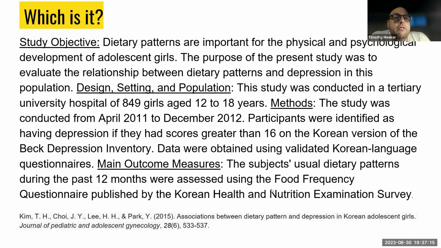Okay, study objective. Dietary patterns are important for the physical and psychological development of adolescent girls. The purpose of the present study was to evaluate the relationship between dietary patterns and depression in the population. So you can read the methods and everything.